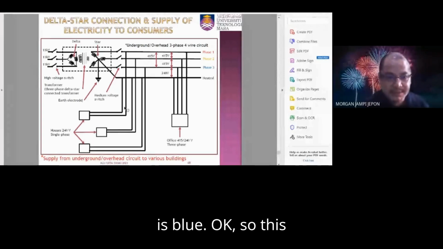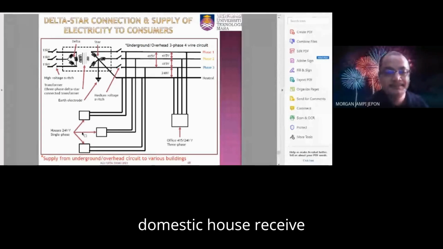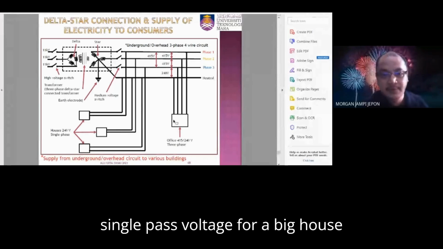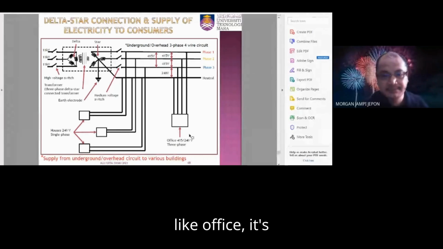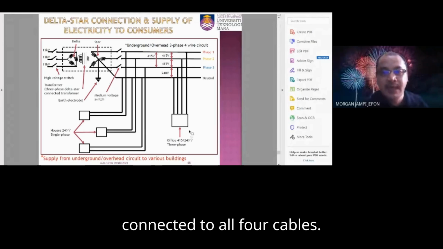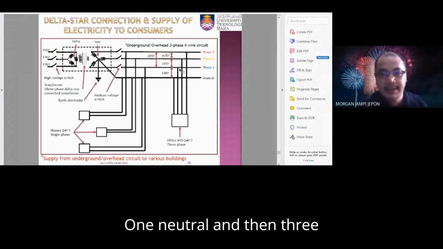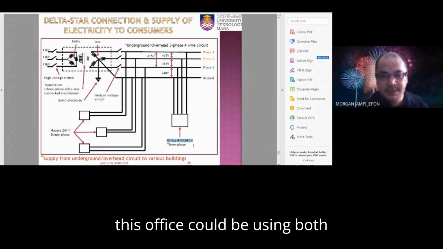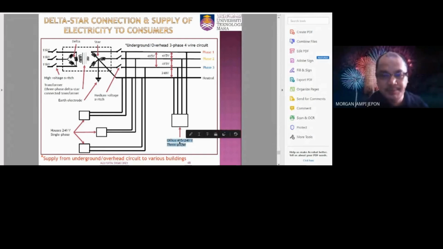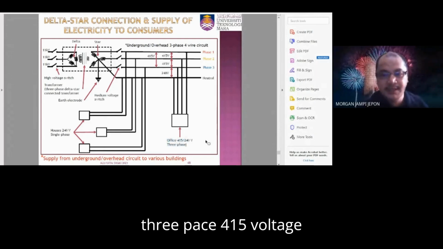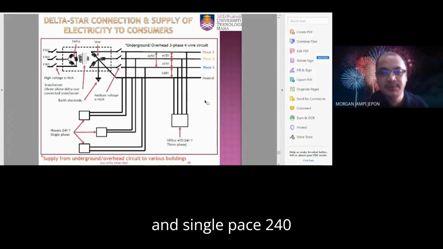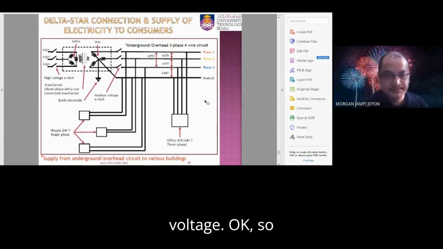So a domestic house receives single phase voltage. A big house like an office is connected to all four cables, one neutral and three live cables. This office could be using both three phase 415 volt and single phase 240 volt.